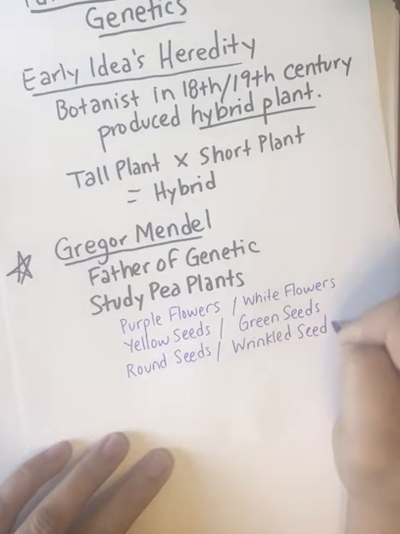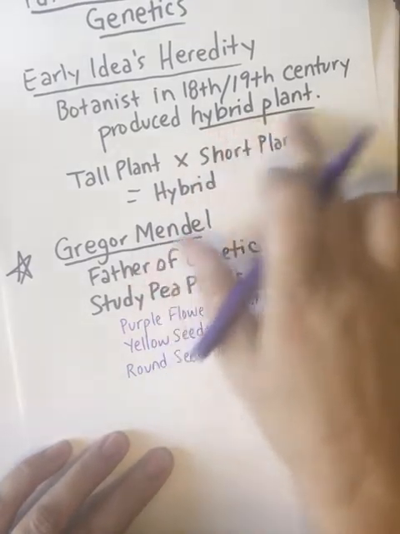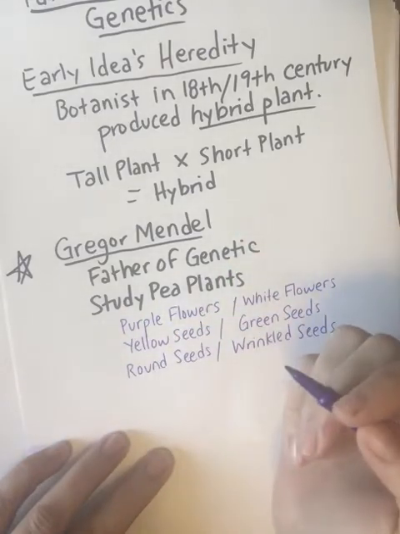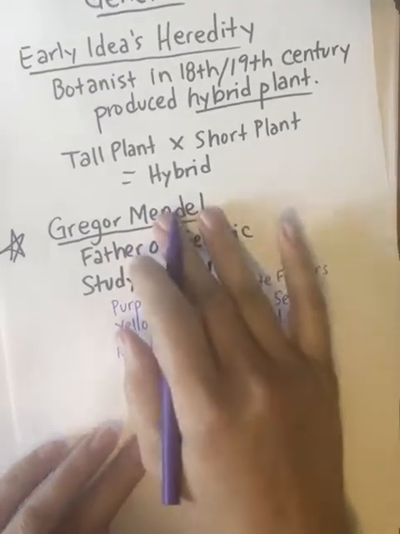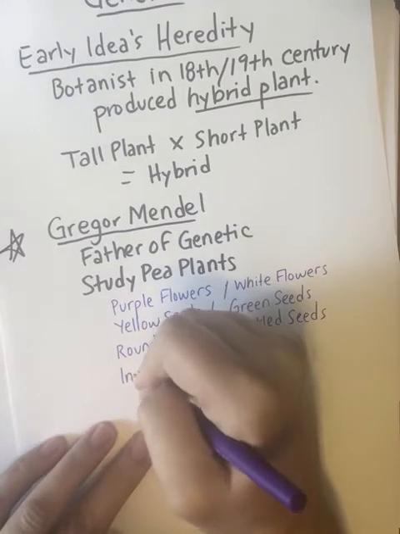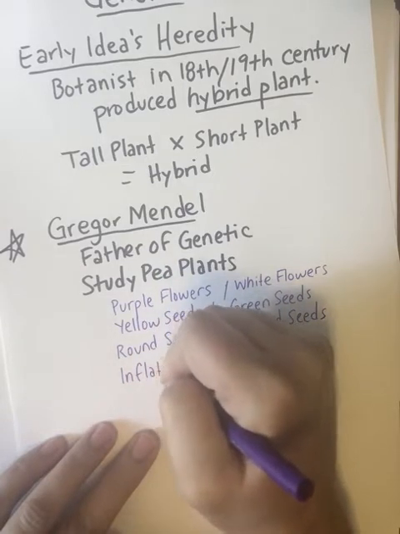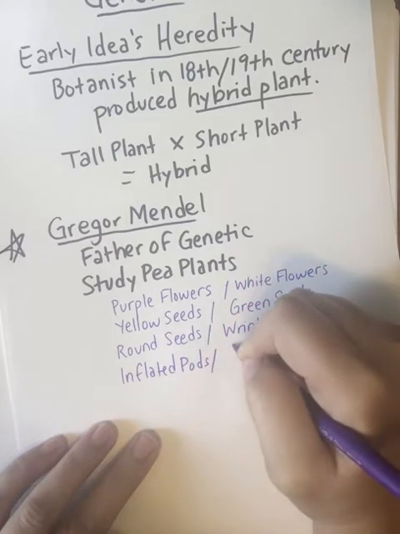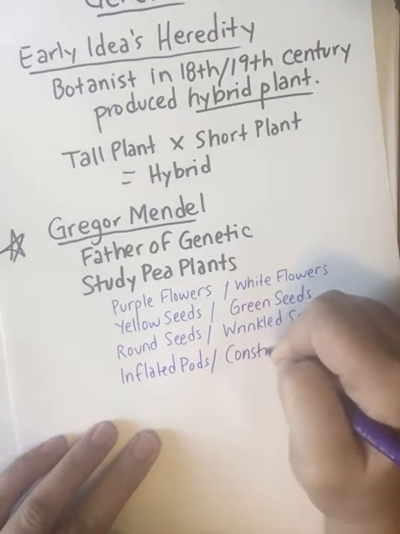So the reason he chose pea plants is because he could create these hybrids. Now we know that peas create pods, so some of them had inflated pods. Inflated means they're large, nice and thick. Some of them had constricted pods.